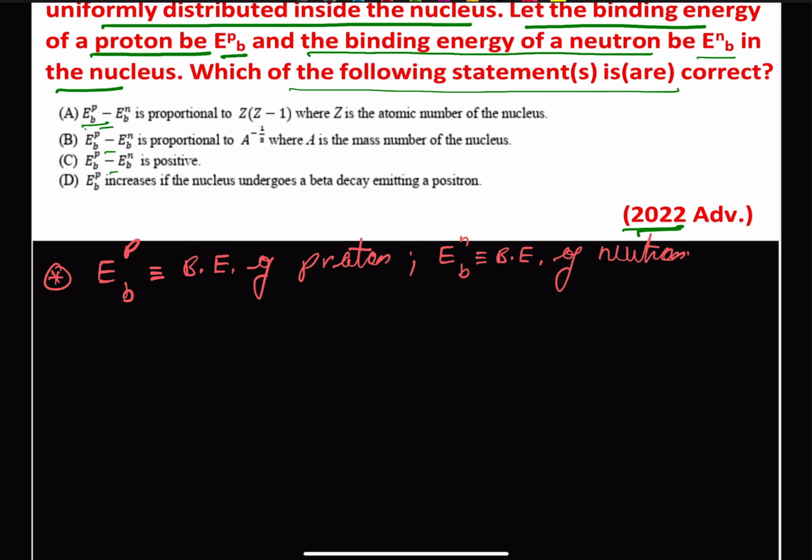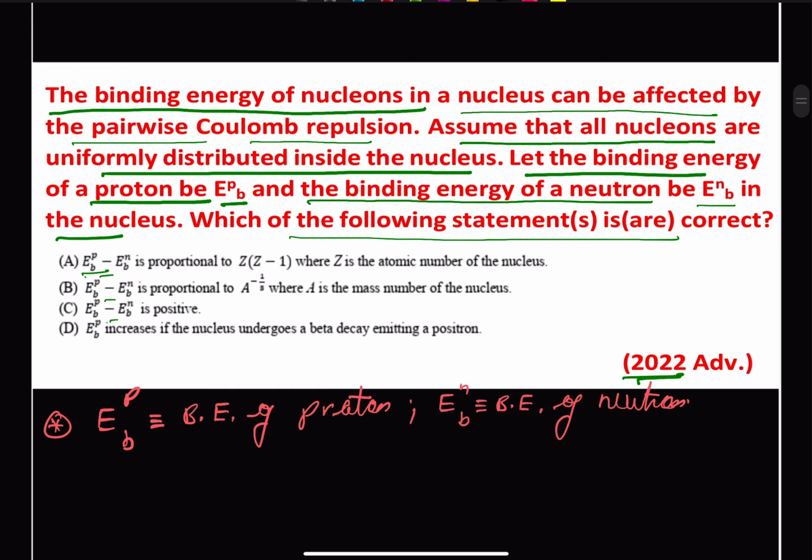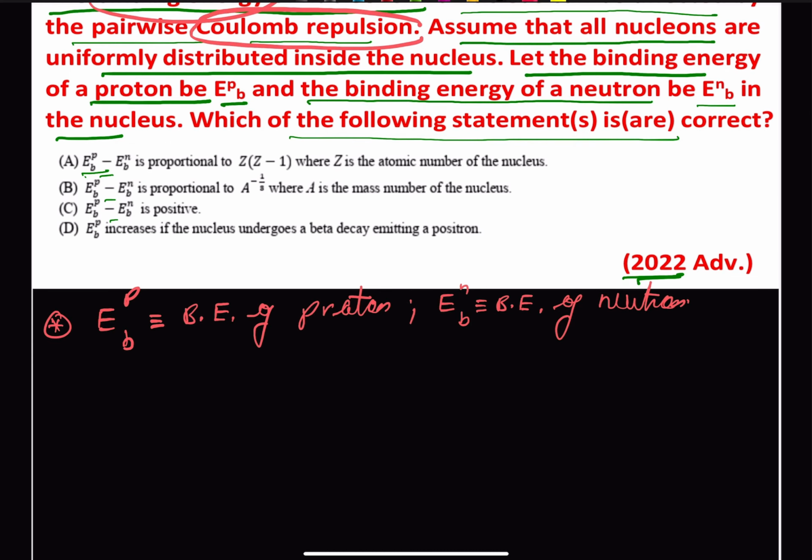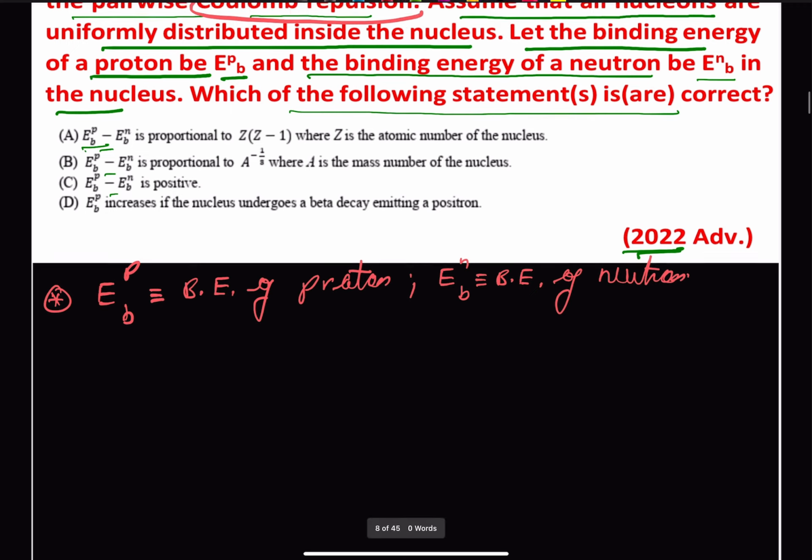And it says that only the Coulomb repulsion is affecting the binding energy. Okay, so we have to remember this thing. So let us check these options one by one and try to find out which of the options is correct or incorrect. So let's start with option A.